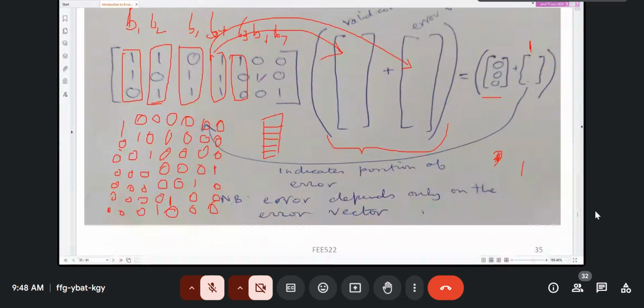What is Hamming distance when you refer to code words?